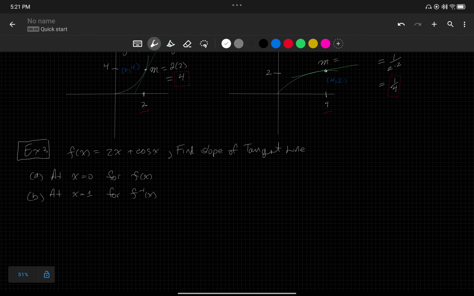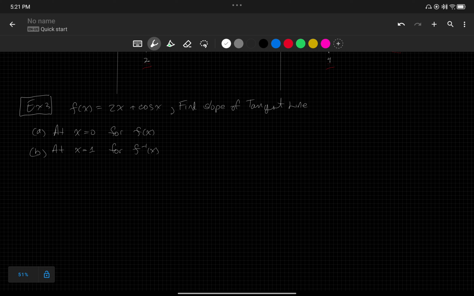All right, so let's do part A. Okay, so if x equals 0, what point are we talking about? So that means to find the y value, we need to plug in x. So y is going to be f of 0. So 2, plug in a 0.